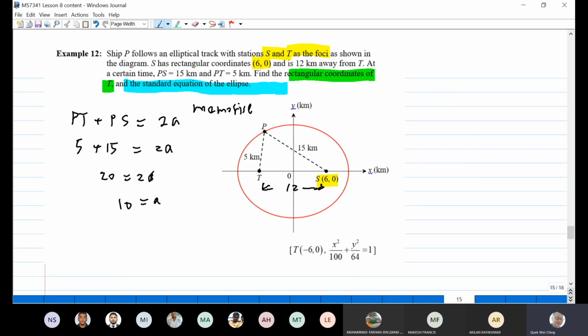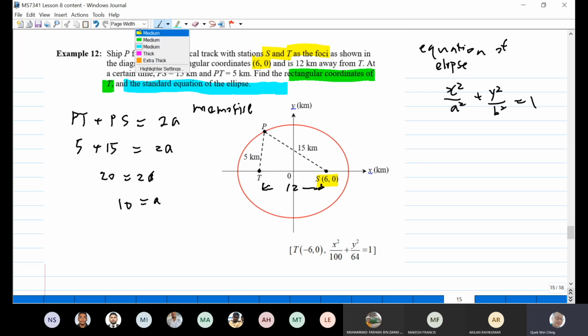Looking at this, you know that this is a horizontal ellipse. So the equation of the ellipse looks like this: x squared over a squared plus y squared over b squared, equal to 1.